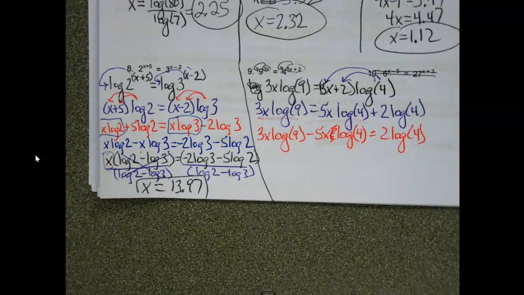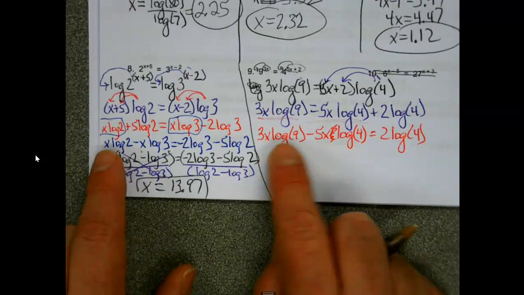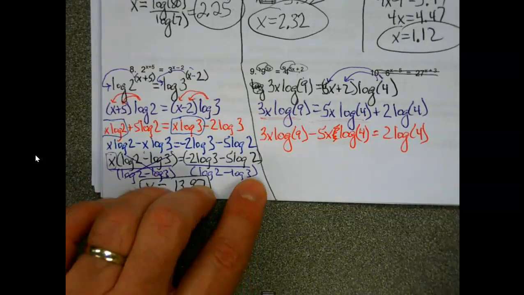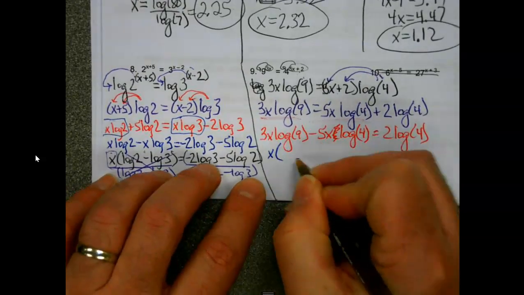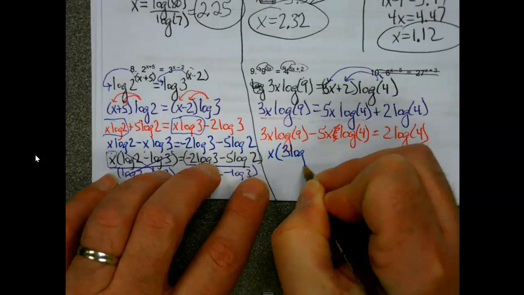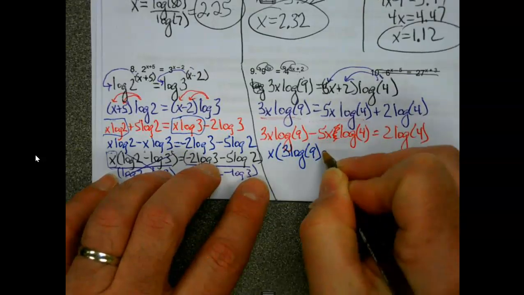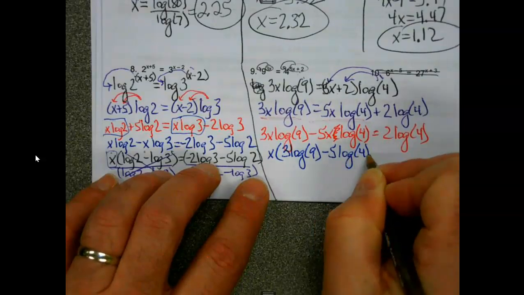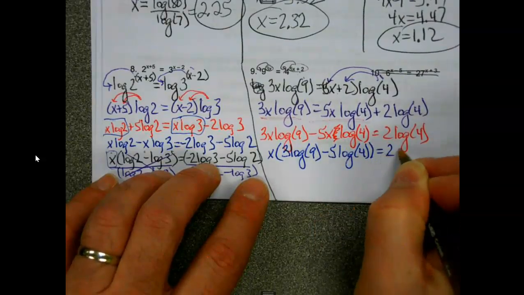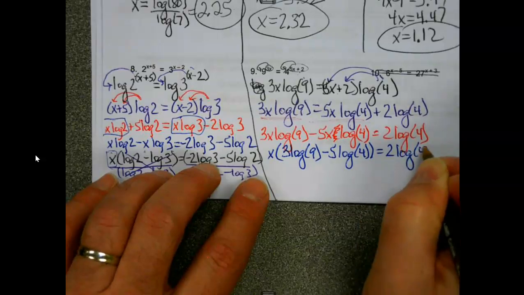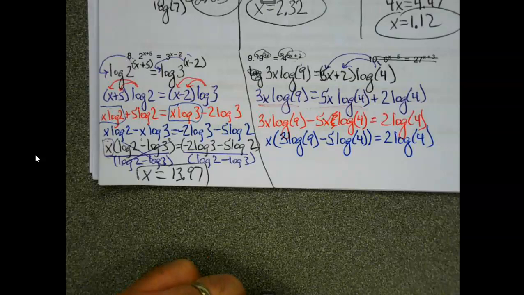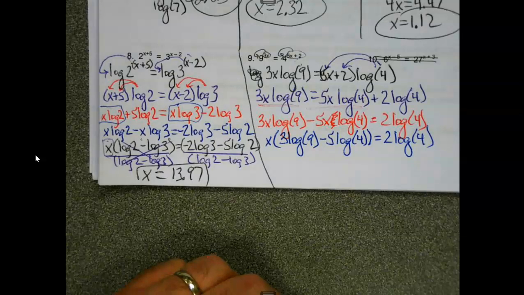So I look and I'm like, okay, now what's next? All the x's are together, so we take out the x. Let's factor the x out here. Whatever is left when I take the x out of each term, the 3 is left in the first term, the 5 is left in my second one.